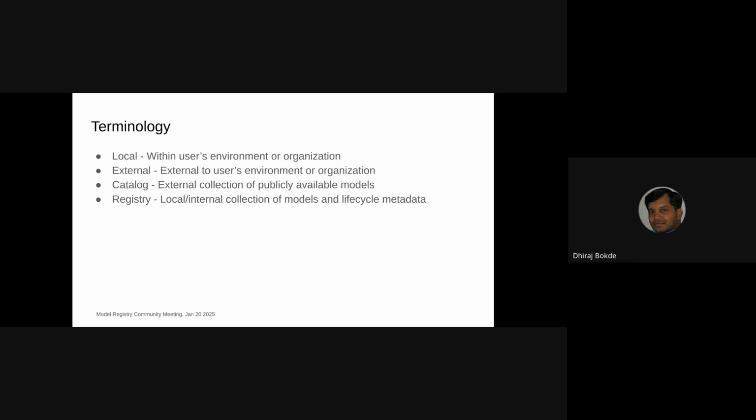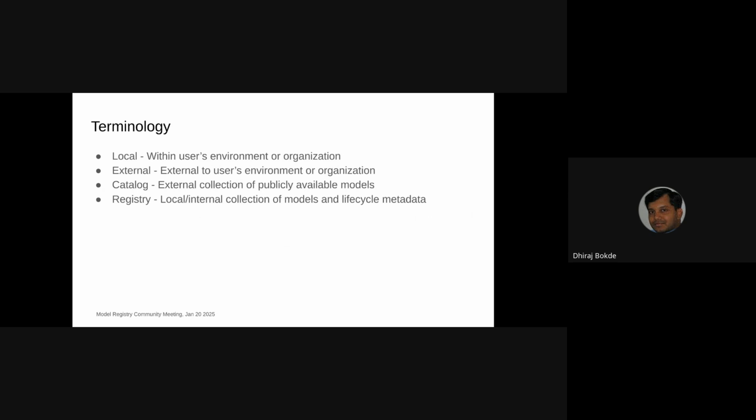I'm going to use some terminology here, and I just wanted to be explicit about what we are calling what and what we mean by those terms. When these slides mention local, we're talking about the specific user's environment or organization where they're working. If I say local storage, then we're talking about some storage service, some internal S3 service, or even an internal OCI repository that the user controls and maintains.